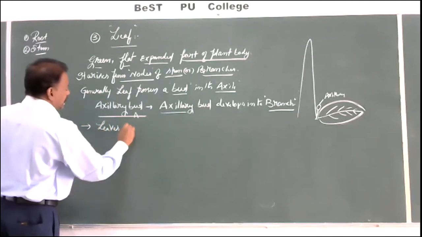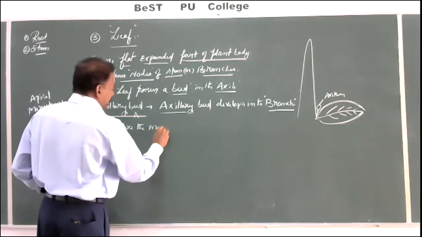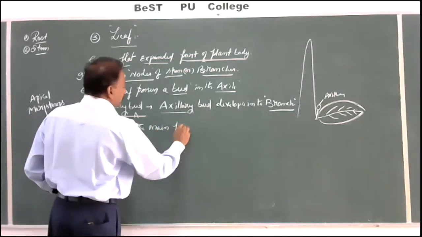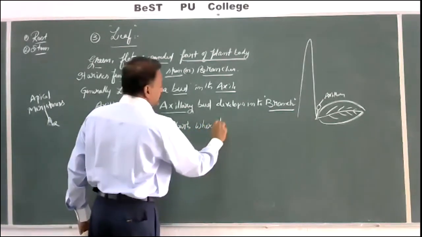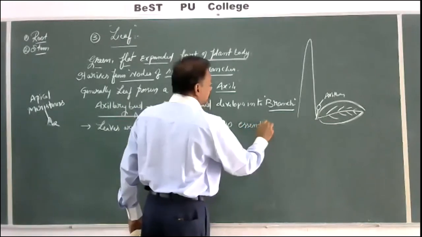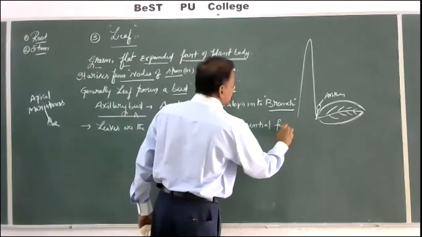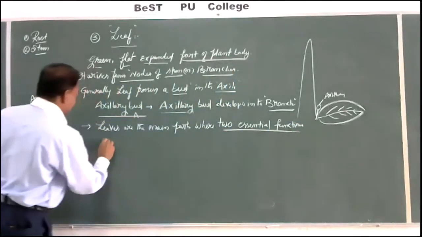leaves are the main parts of plant where two essential functions are performed.